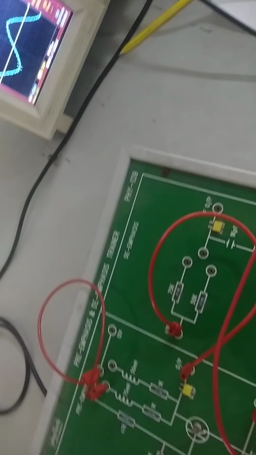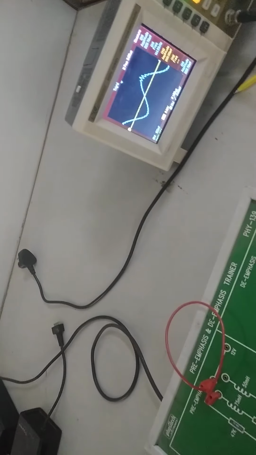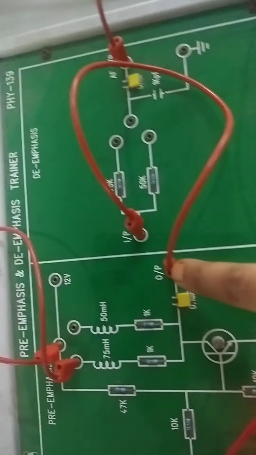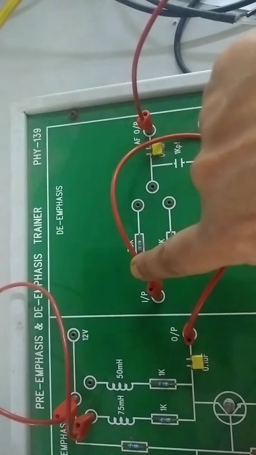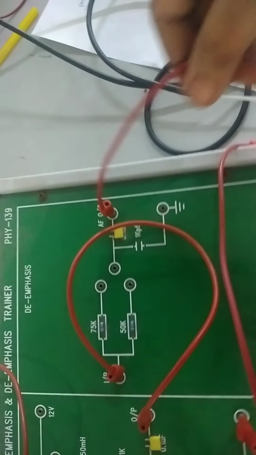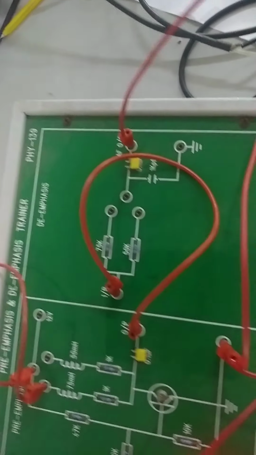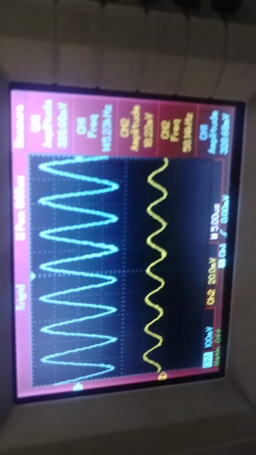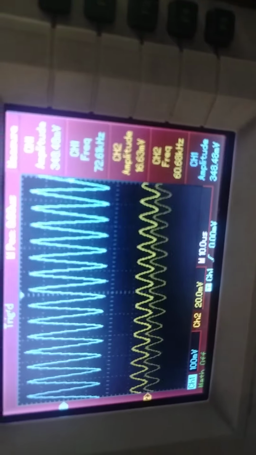So connect channel 2 to the output of the de-emphasis circuit here and observe the de-emphasis circuit output.